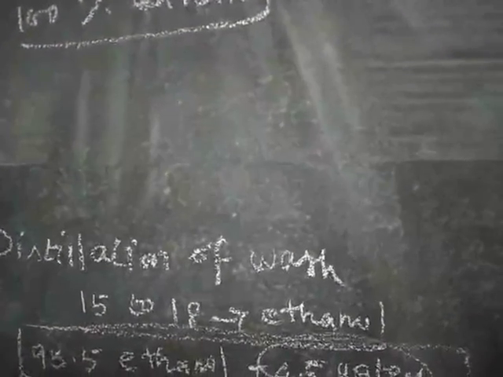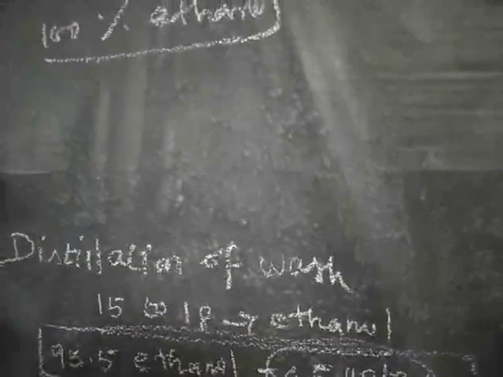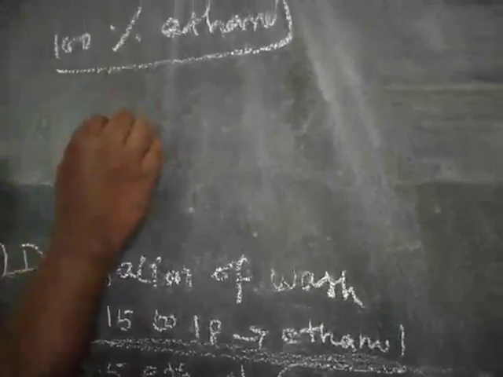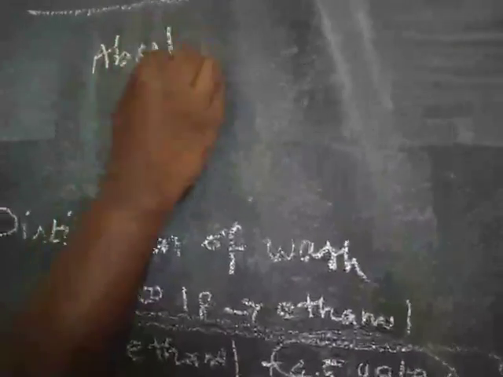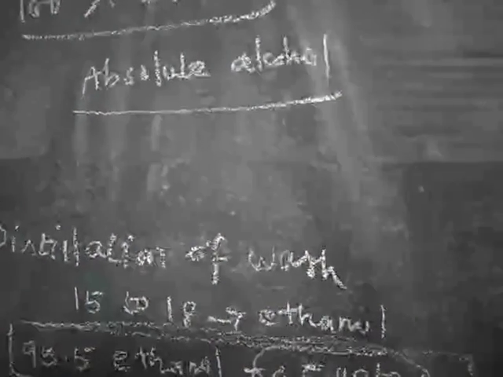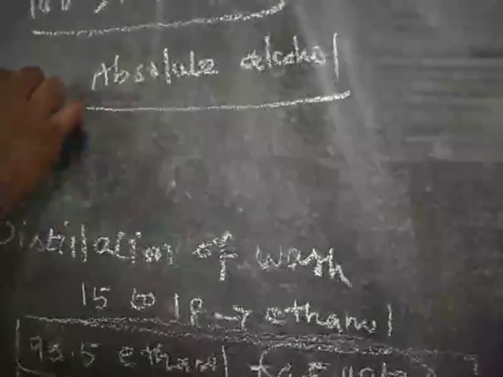After this process we get 100% ethanol, which is known as absolute alcohol. What is meant by absolute alcohol? 100% ethanol is known as absolute alcohol.